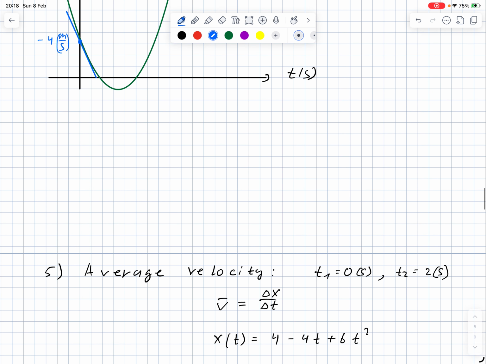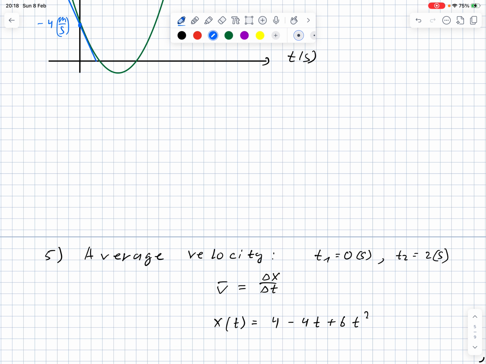Let's go to the next part. We need to calculate average velocity. The definition of average velocity is given by delta x divided by delta t. Now we know the initial time is 0 seconds and final time is 2 seconds.